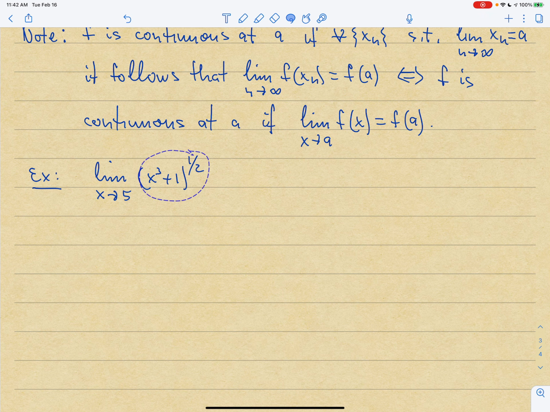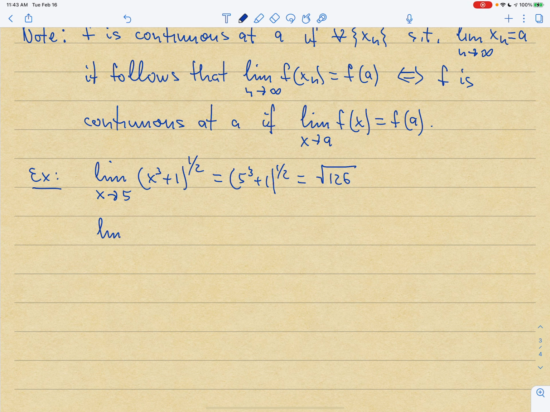It's continuous on its domain, so let's assume that it's continuous on its domain, although we can prove it already by using things that are proved in Advanced Calc 1. But let's assume for a moment that we know it is continuous. So then what is the limit? The limit is just the value of the function at 5. So this would be (5 cubed plus 1) to the power 1/2, so the square root of 126. Right, so the computation of a limit is immediate.